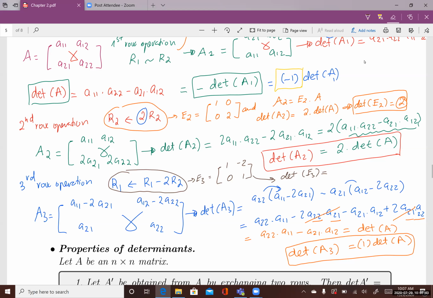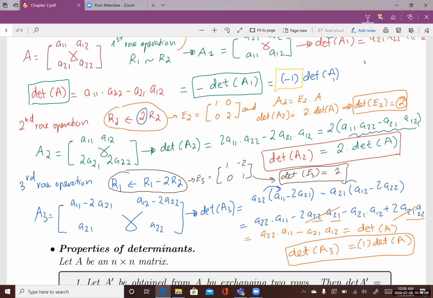So 1 times 1 minus 0 times minus 2, it's equal to 1. All right, so the determinant of E3 is 1.